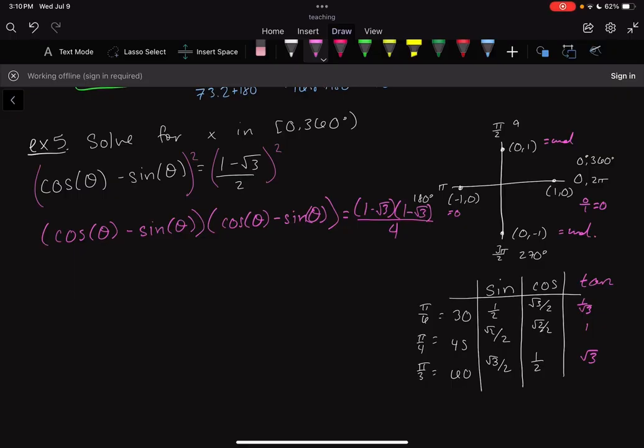So if I simplify the left side, I get cosine squared theta minus sine theta cosine theta minus sine theta cosine theta. Might run out of space.